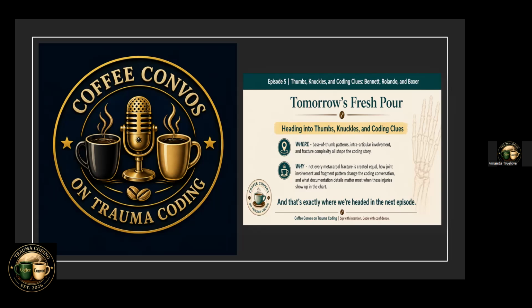Do not code the hand injury by bone name alone. Code the location. So you're going to be looking for the location. Code the joint involvement. So when you're thinking location, you're thinking base or neck. Joint involvement, is it carpal, metacarpal? Where is that joint at? Which joint is it? Looking for any comminution.